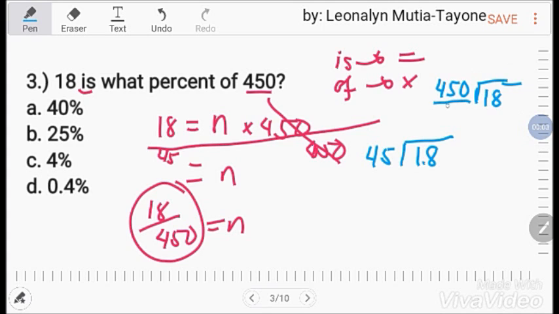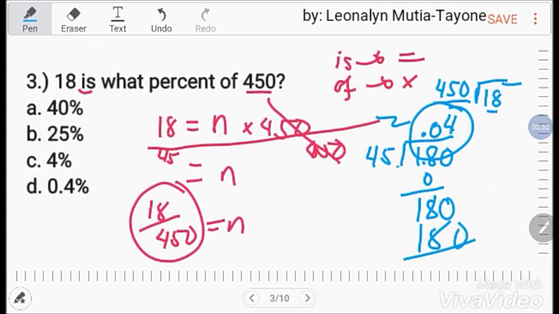Itong 450 naging 45 na lang at si 18 naging 1.8. Pag divide niyan, itong decimal na to, itaas mo. 18 divided by 45, hindi siya perfect na, no? So, 0 mo na siya. 0, 18, tapos, mag-down ka ng isang 0. 180 divided by 45, that is 4. 4 times 5, 22, 16, 17, 18.